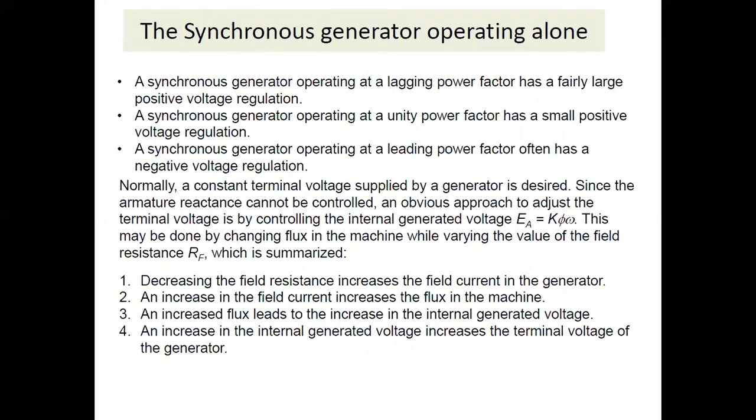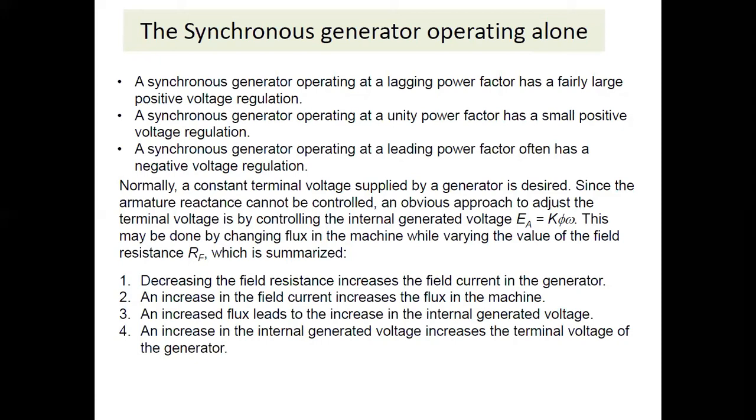A synchronous generator operating at a lagging power factor has a fairly large positive voltage regulation. A synchronous generator operating at a unity power factor has a small positive voltage regulation, and a synchronous generator operating at a leading power factor often has a negative voltage regulation.